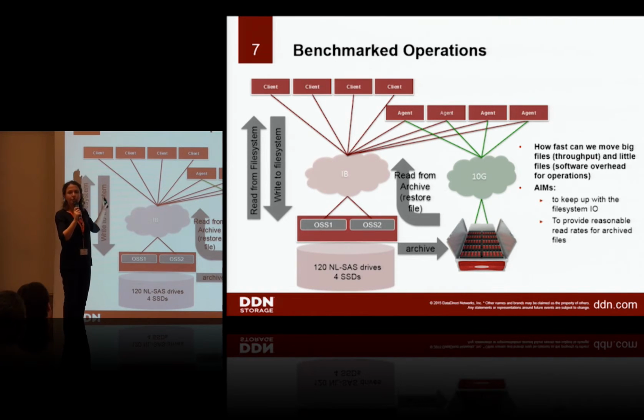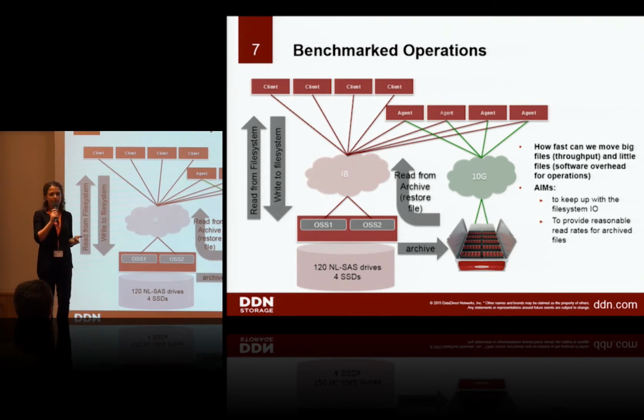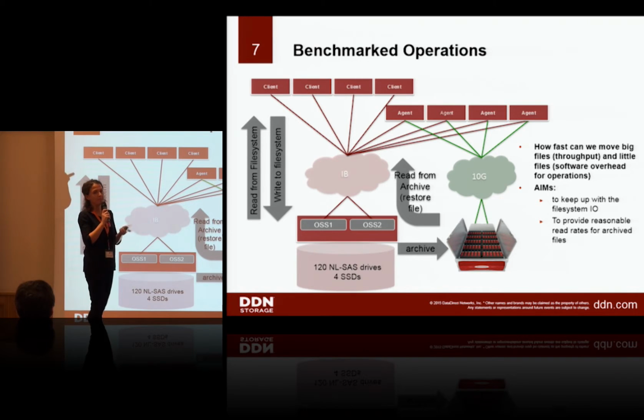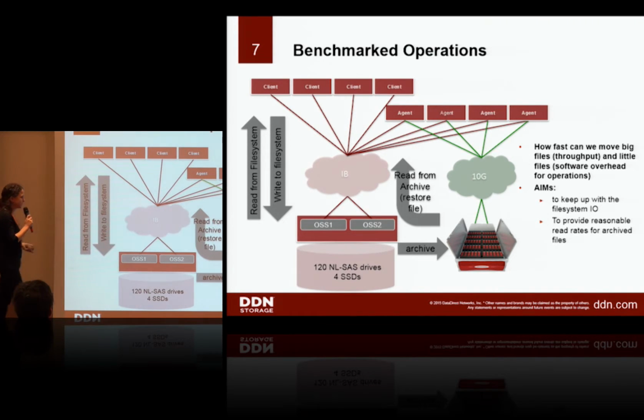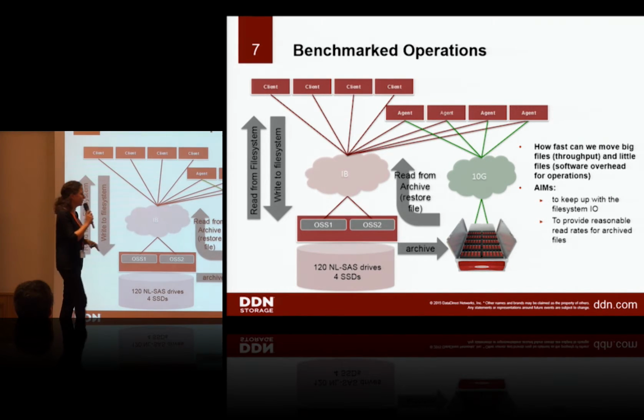Once we fill the file system with some data, what we simulated was to create small files to see how it behaves with small files, with medium files of 1 megabyte size, and larger files around 100 megabytes. So that was the 3 different tests we do.